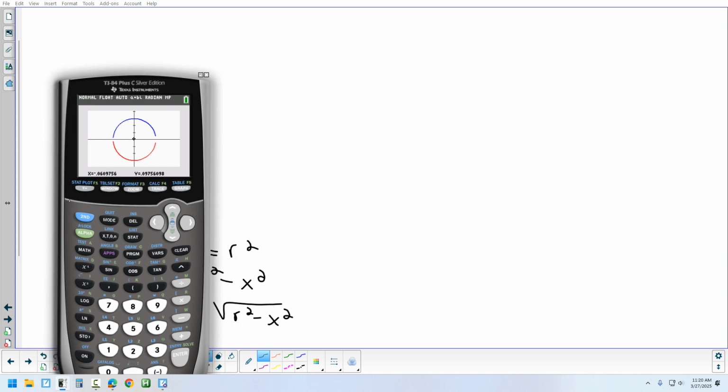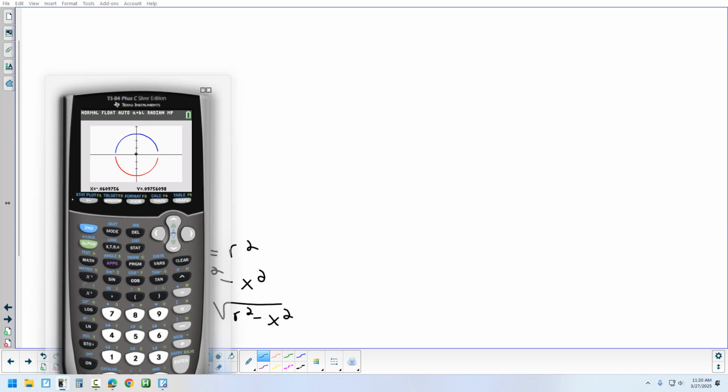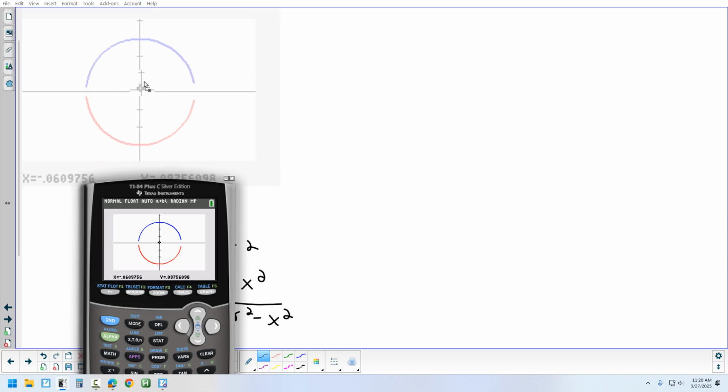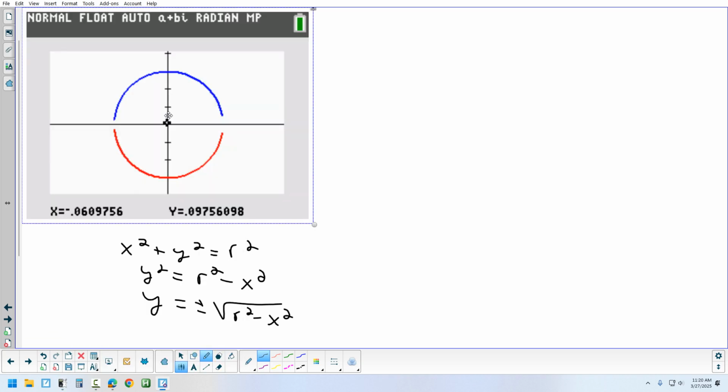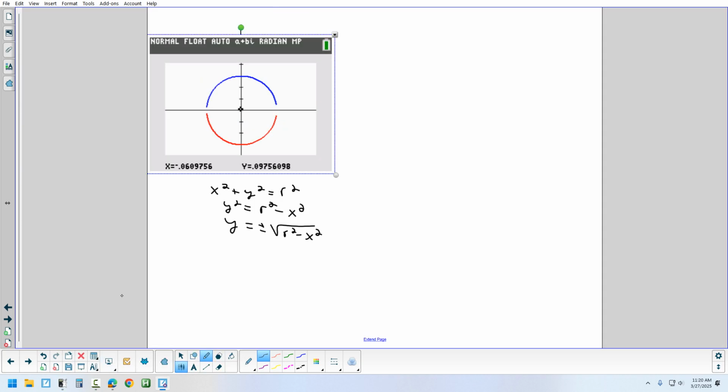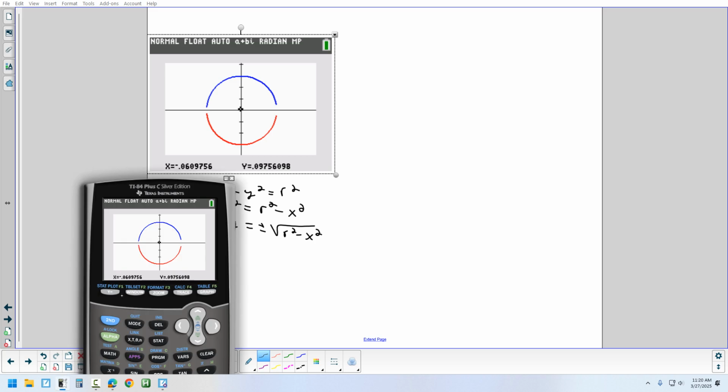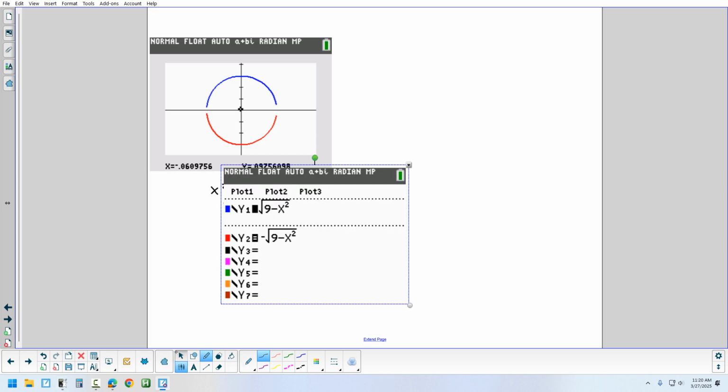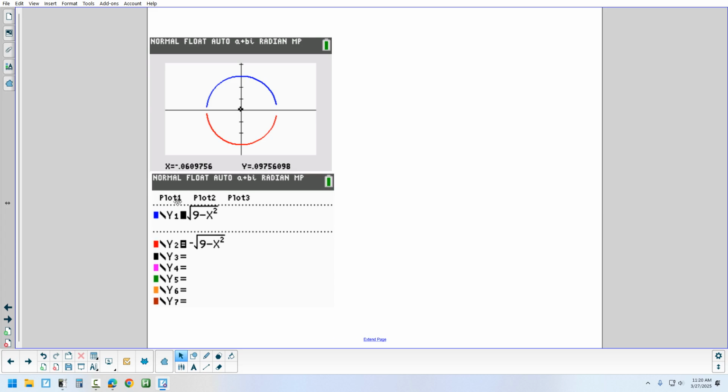And it looks like the gap on the right is bigger than the left. Okay, so there's my circle, and here are the equations that generated it. What mode was that again? Function. So truthfully, I can't even really draw a circle. I can kind of make one look like a circle, but it's not a good circle.